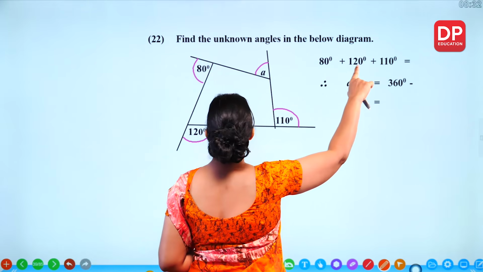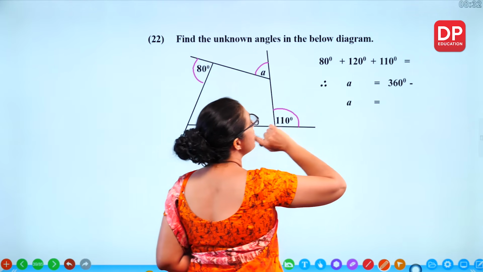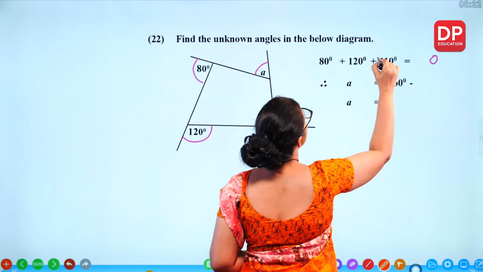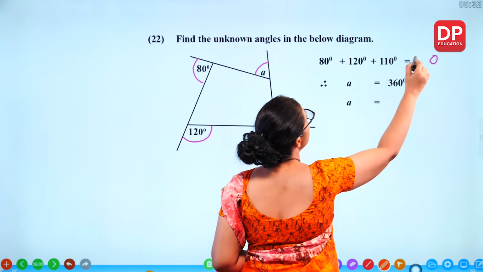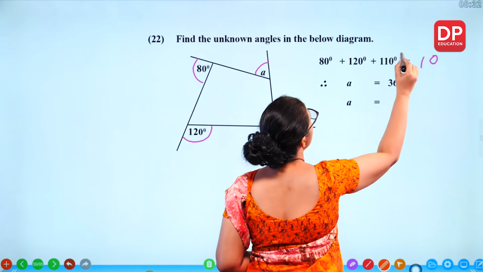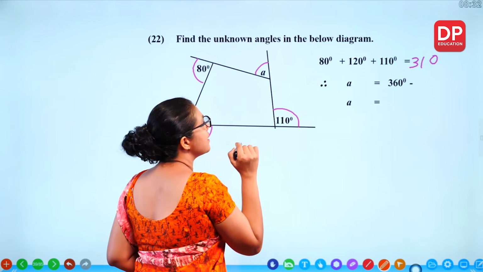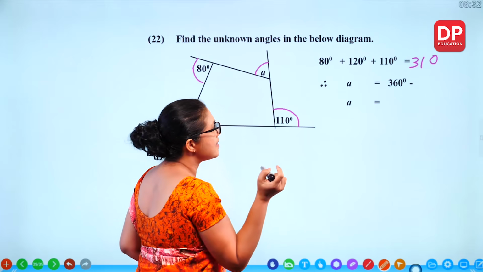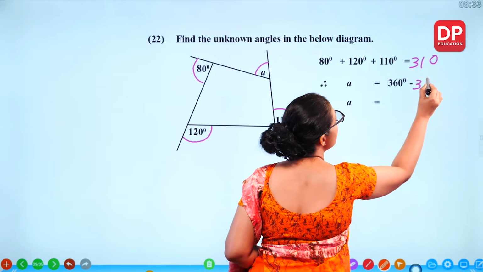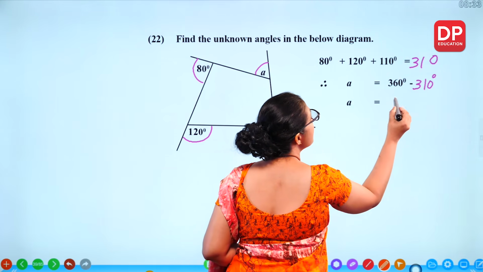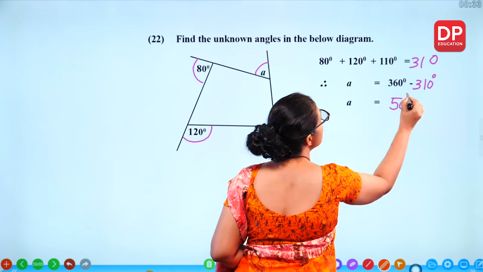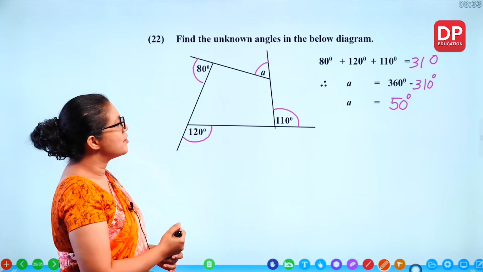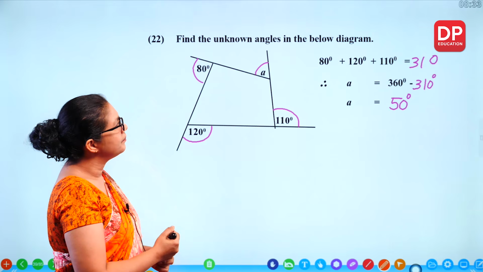So 80 plus 120 plus 110 is equal to 310. Now we know the sum is 360. So subtract 310 from 360. You get 50 degrees. So A is equal to 50 degrees.